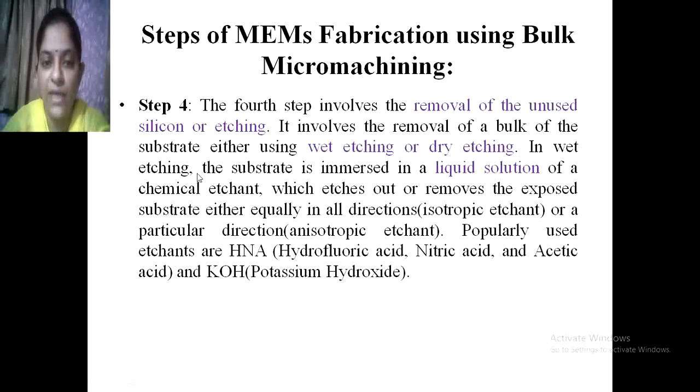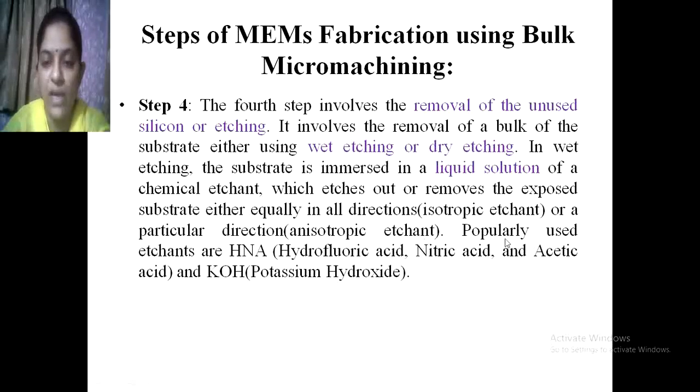In wet etching, the substrate is immersed in a liquid solution of a chemical etchant, which etches out or removes the exposed substrate equally in all directions. If it is equally in all directions, then it is known as an isotropic etchant, or in a particular direction, then an anisotropic etchant.